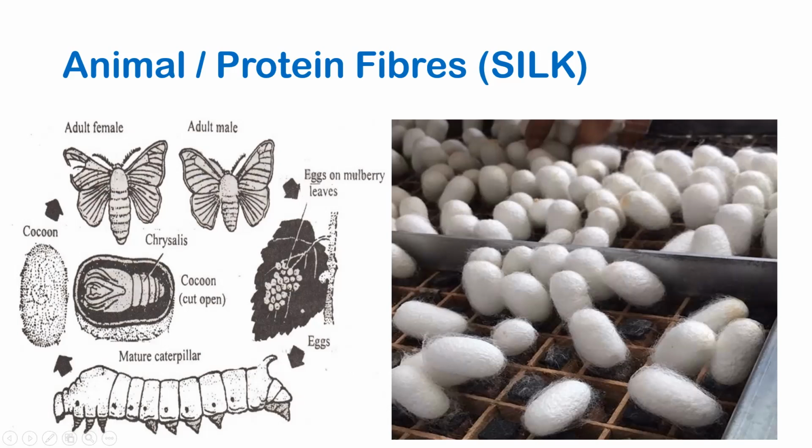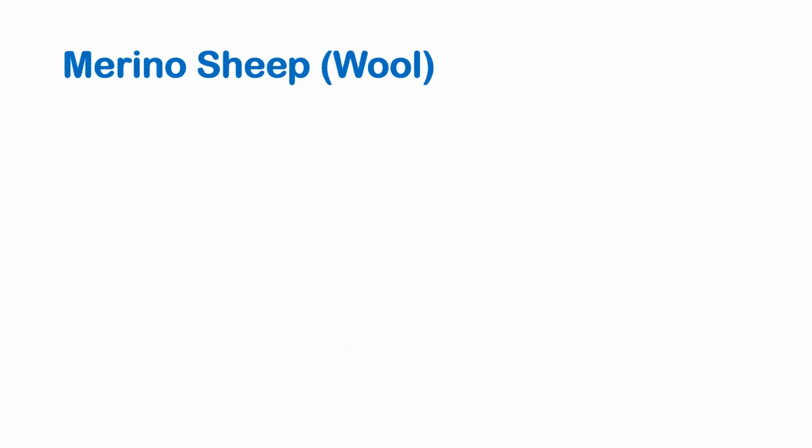And it will be inside, as you can see here. So this is what we use to produce the fiber. So the animals are inside this cocoon. So when we kill the animal, then we can get the fiber to produce. Later, we shall take them one after the other and go into details.